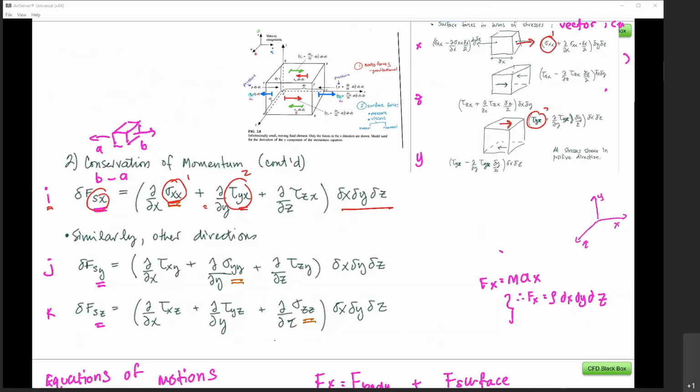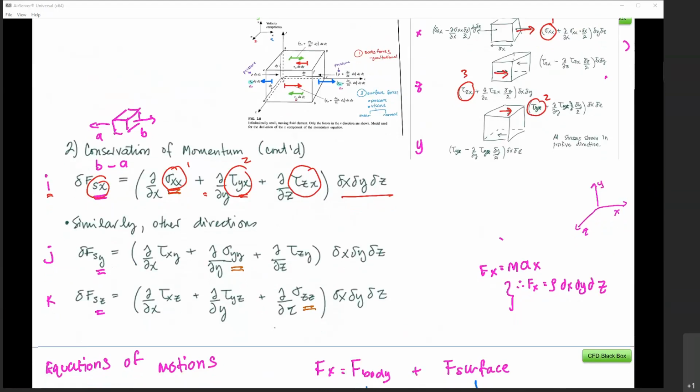And finally, tau zx, because it is moving in the x direction. All the stresses moving in the same direction, in this case x, we group together. Similarly, if you do it for the j and k components, the y and z components, you are going to get the following equations.